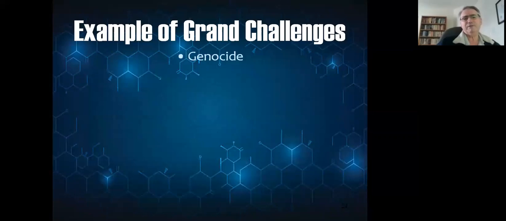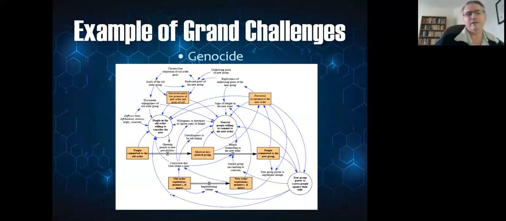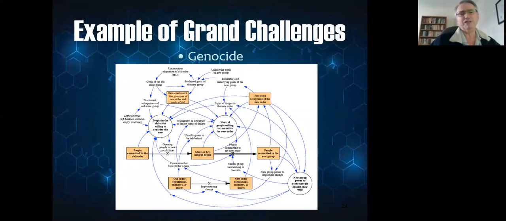The last grand challenge that I'd like to talk to you about is genocide. And this is an important problem. This is a qualitative model, and it shows the nature of people's belief systems and how those belief systems could be changed so that the citizens of a country could believe that genocide was acceptable.